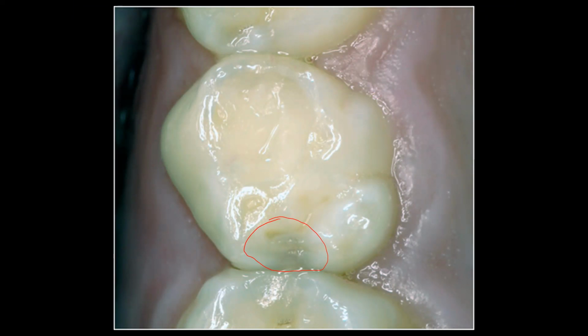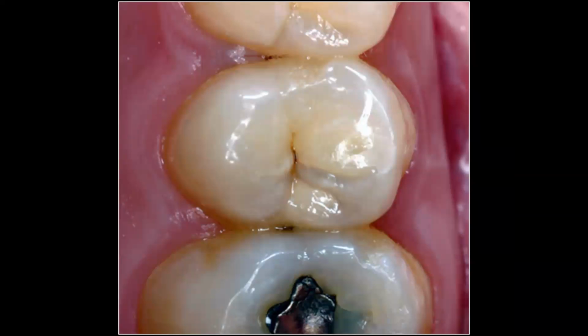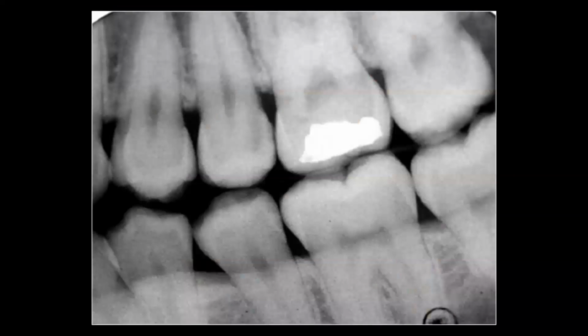There's a cavity there. So this one here, look at the premolar, look at the mesial from the distal. Here's your mesial, here's your distal. Do you notice the color is different? So when I take an X-ray, that's my cavity.